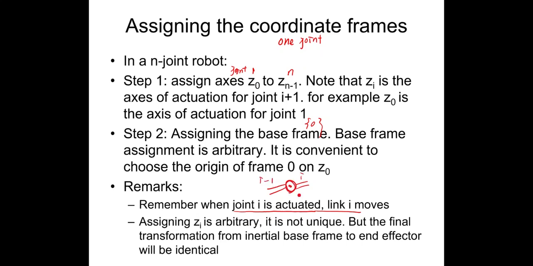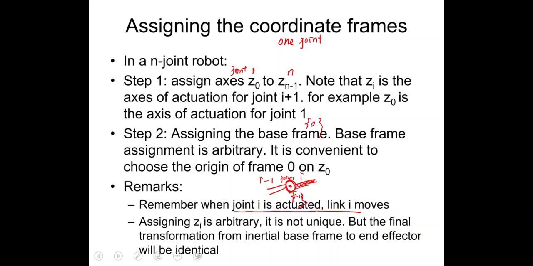This is joint i, but it is frame i minus 1, okay? So if we actuate, for example, a motor, and we give the variable of this motor for joint i, then we are actually moving link i, which is the next link.